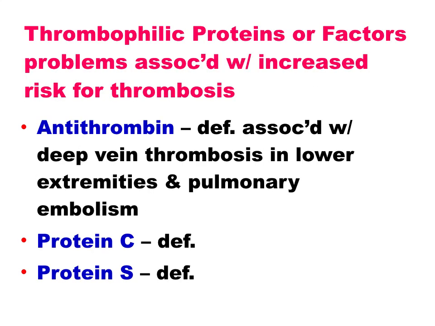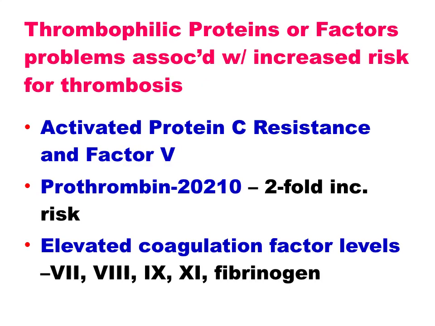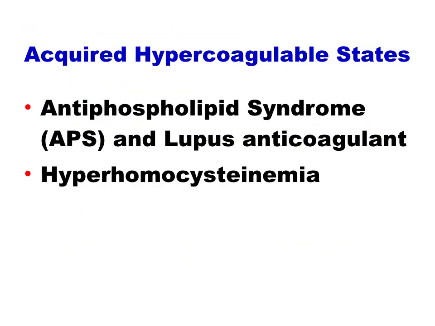Okay, so this one shows us the thrombophilic proteins or factor problems associated with increased risk for thrombosis. If there is deficiency of antithrombin, protein C and S, then there is a tendency or a risk for thrombosis or thrombus formation. There are also acquired hypercoagulable states in the form of APS or antiphospholipid syndrome and lupus anticoagulant.